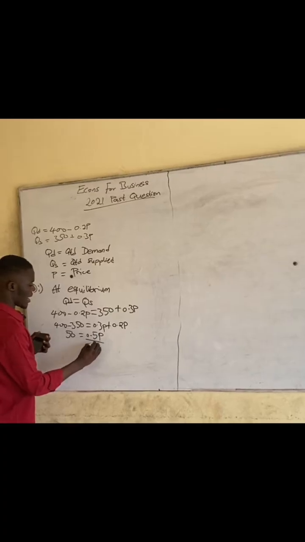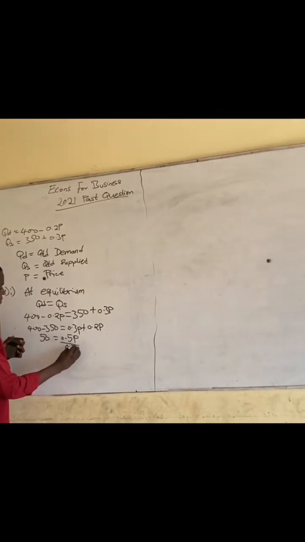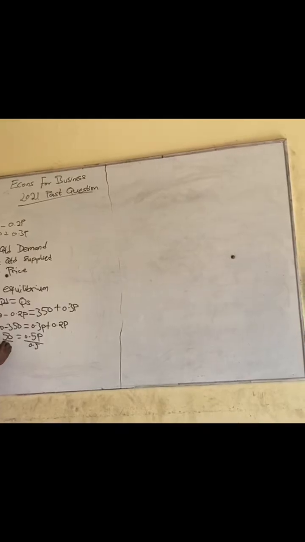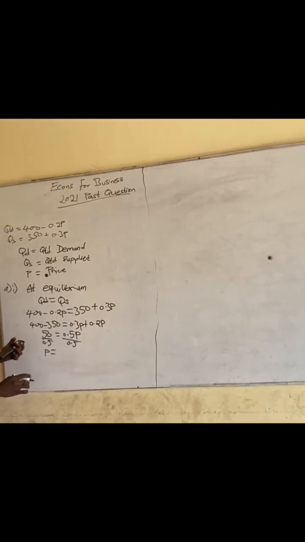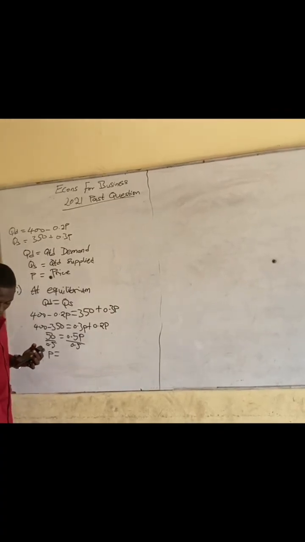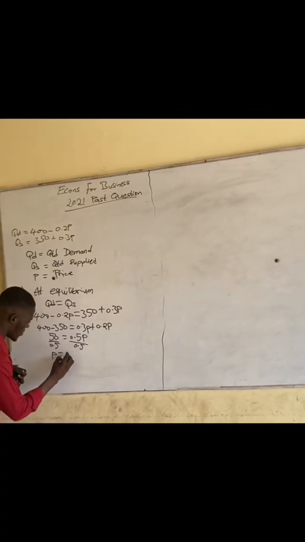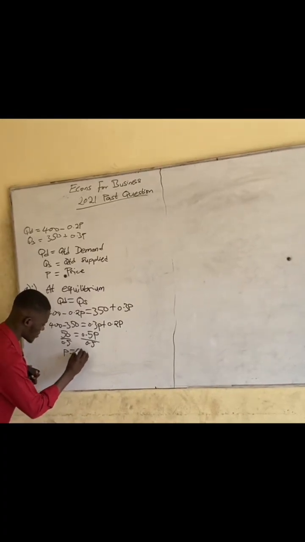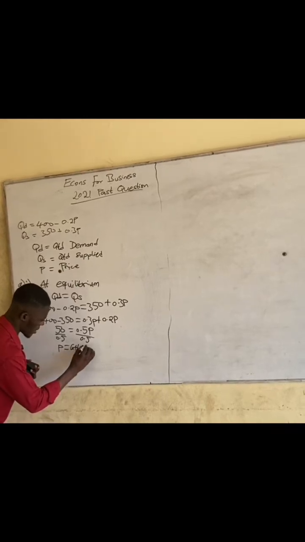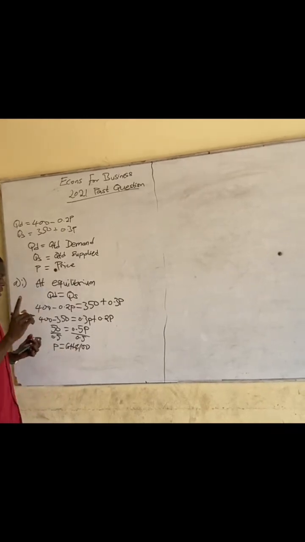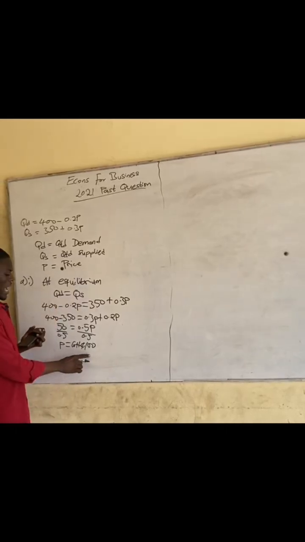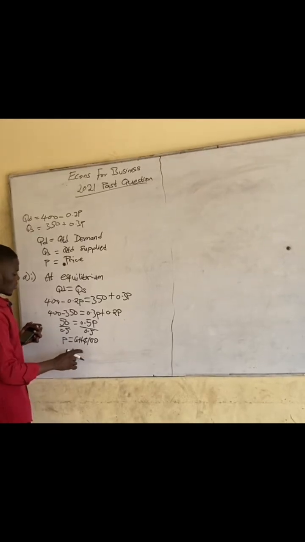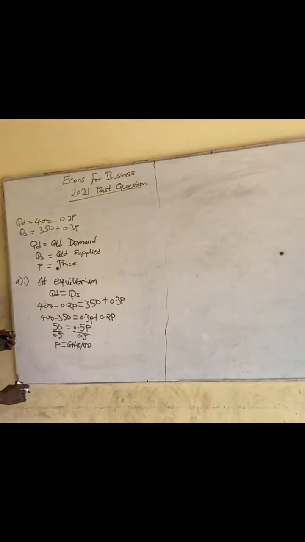You divide both sides by 0.5, and you get P equals 100 cedis. Don't forget, P is price, so we are always advised to bring our currency sign. So our P is 100 cedis.